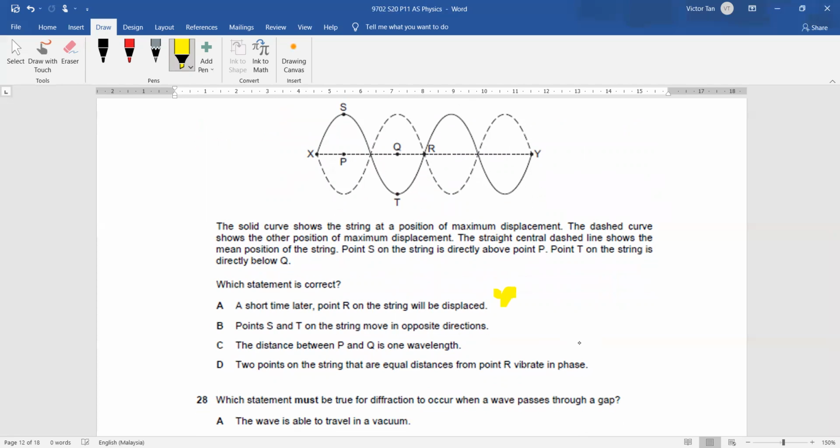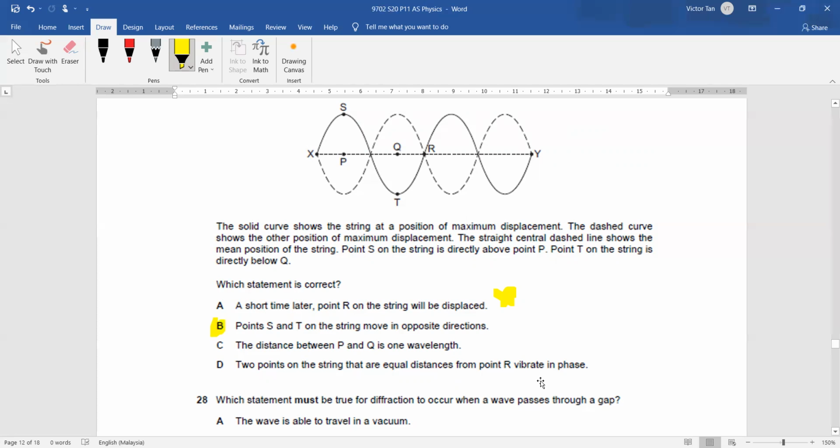No, this is not. Points S and T of the string move in opposite direction. Yes. The distance between P and Q is one wavelength. No, it's only half. The two points on the string that are equal distances from point R vibrate in phase. No, they're 180 degrees out of phase.